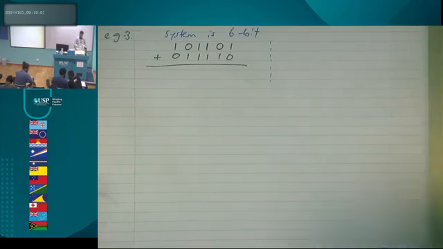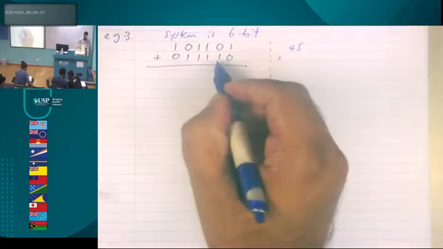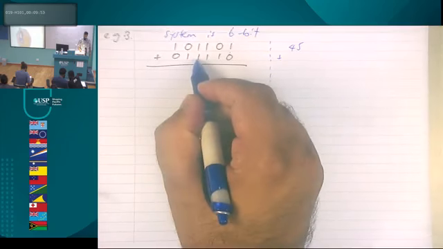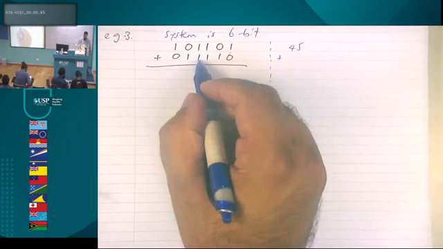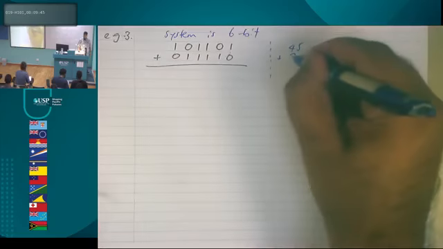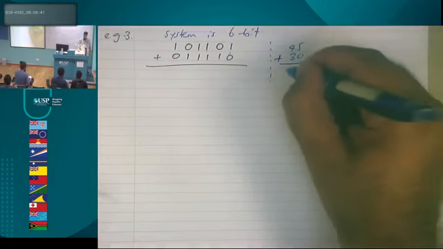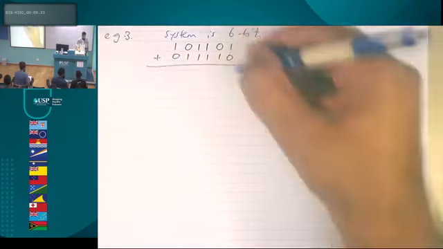Is it 45 over here? 1, 2 plus 4 is 6 plus 8 is 14 plus 16 is 30. Is it 75? Are you expecting 75? Yeah? All right. Okay, now we go ahead and do this.